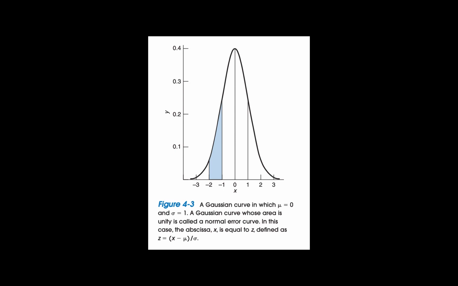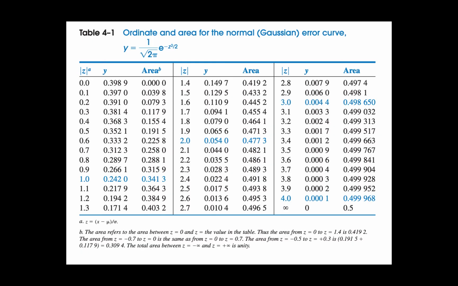So I'm going to show you that again in figure, I think it was, 4.3. Okay, so there's the x equals 0 in figure 4.3. And then we can see where the 1, 2, and 3 and the minus 1, 2, and minus 3 standard deviations are away from that 0. So switching back now to table 4.1 again. Okay, look down the left-hand column of z and notice where it has 1.0. That's 1 standard deviation.